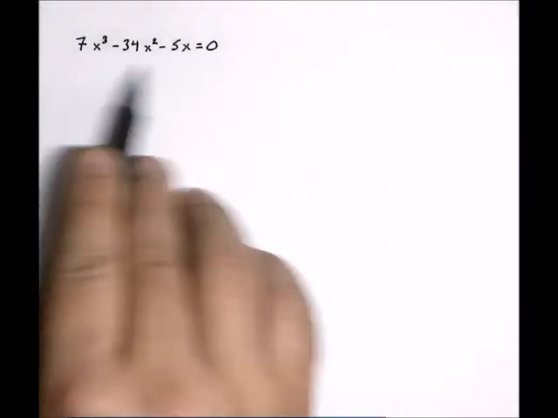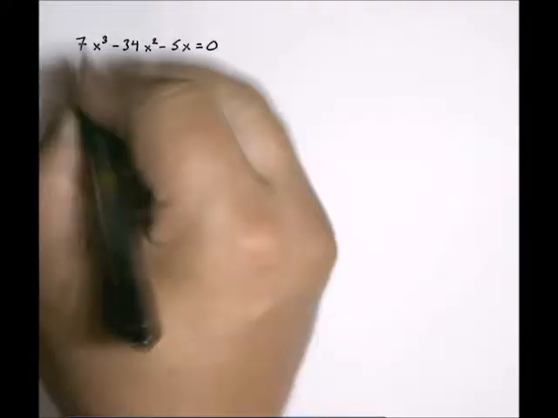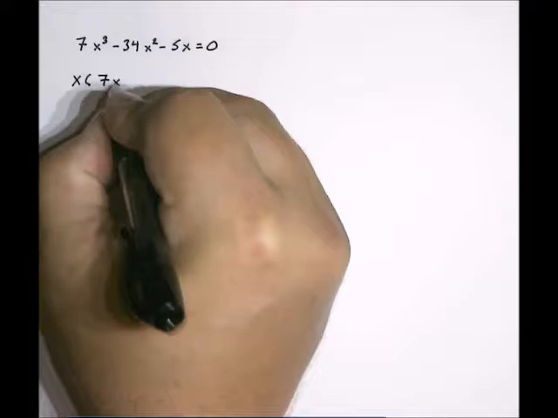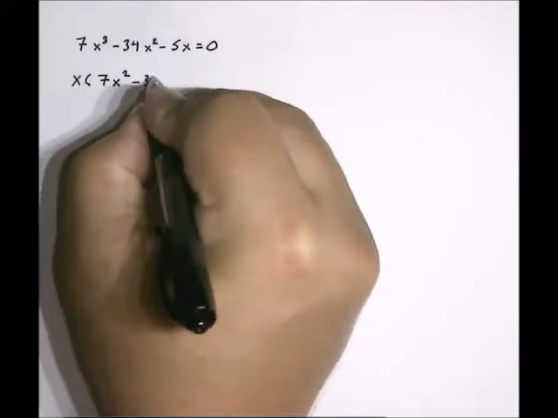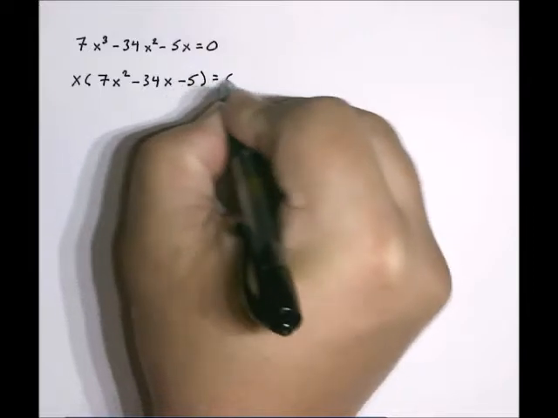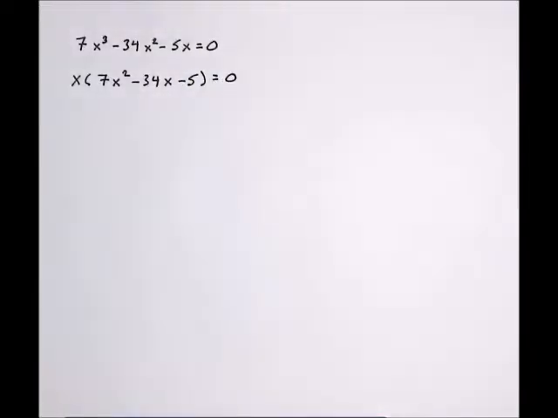First thing we want to do is pull out common factors, and I can pull an x out. Which gives me this. Now I just have to factor 7x squared minus 34x minus 5. And we have a couple of methods to do this.